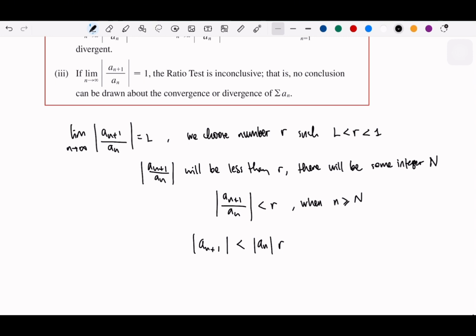So we see that it is more and more like a geometric series.